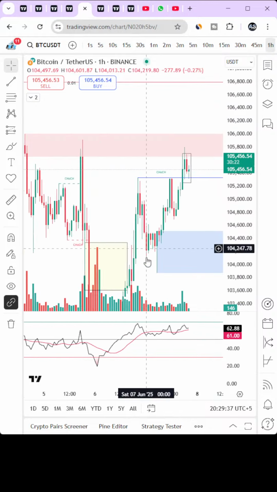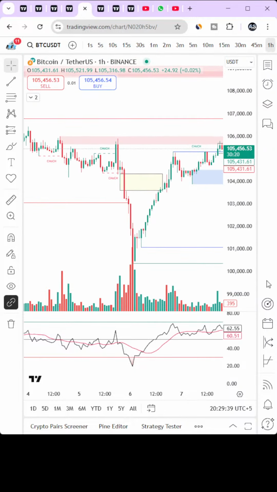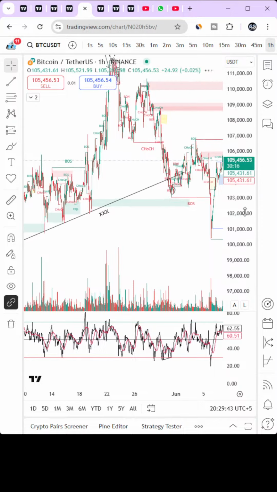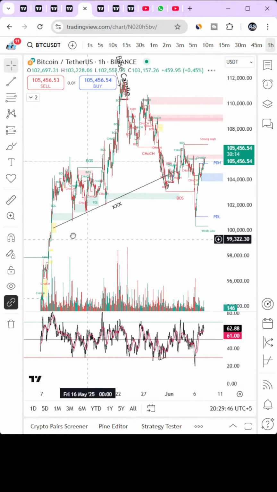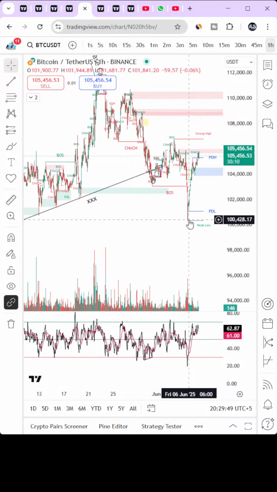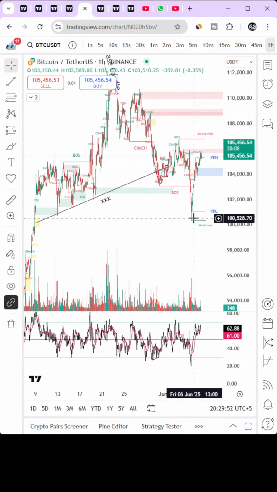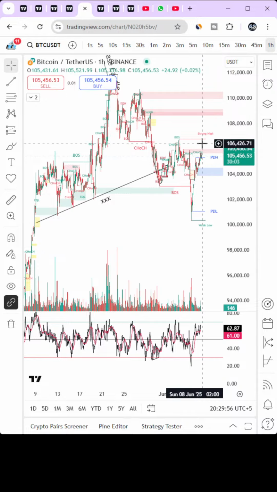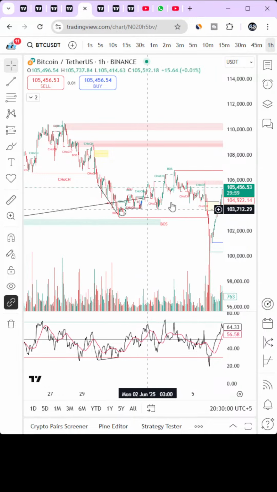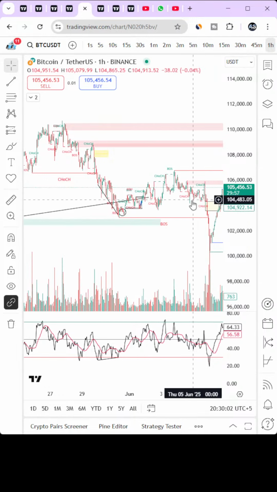See here, according to the 1-hour time frame, there was also visible liquidity. This selling movement has taken all the stop losses of the buyers and is trying to move up. Here is also buyers' liquidity available.